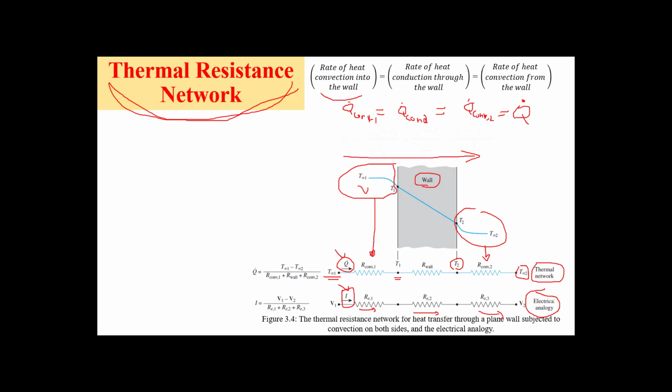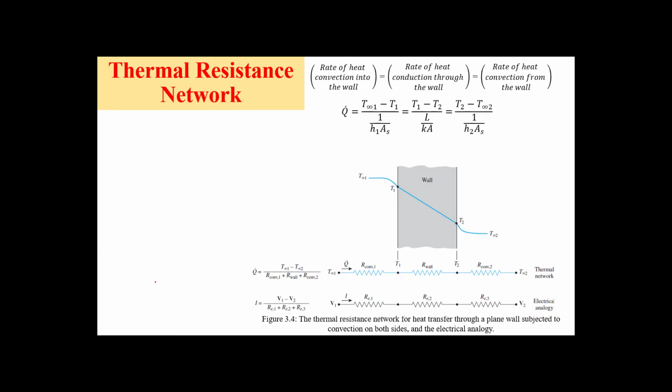Okay, so this is the Q total, the same on each resistance. Okay, this we name as R convection 2, and this is R wall, R conduction wall, and this is R convection.